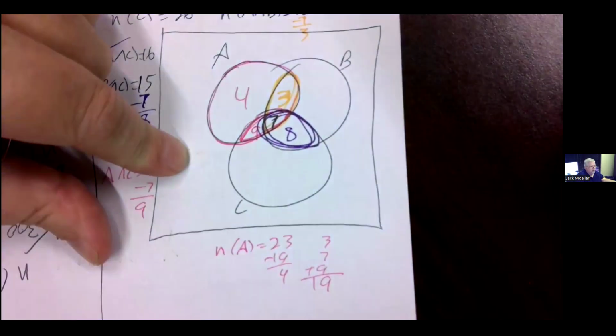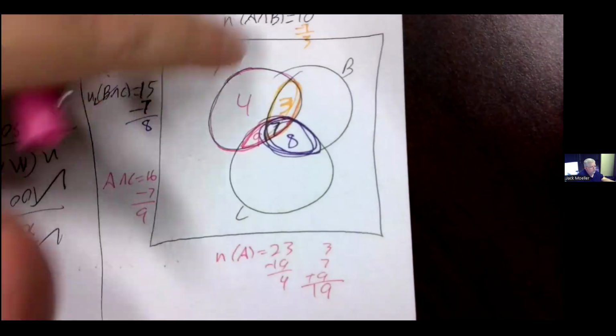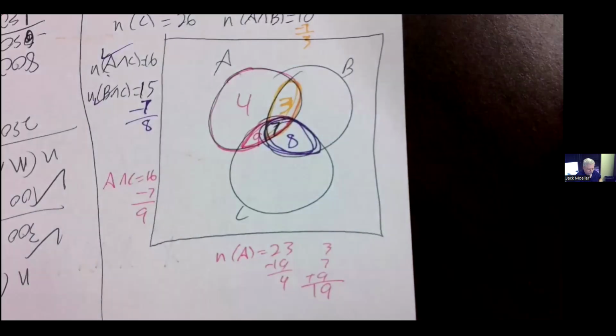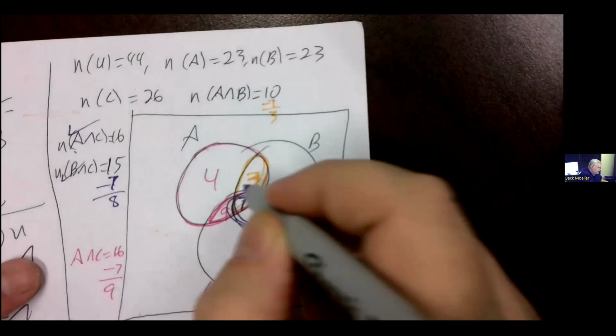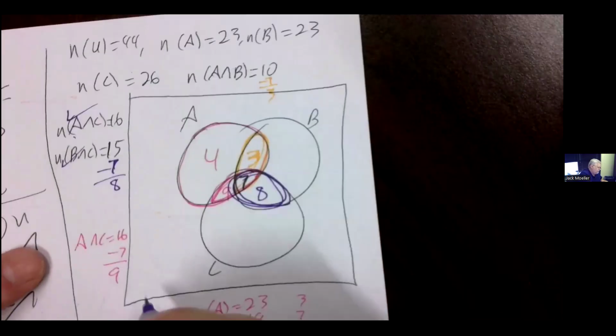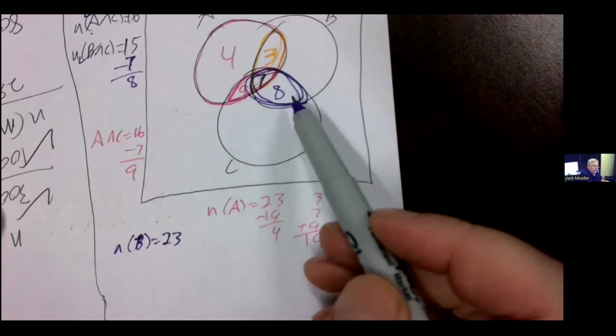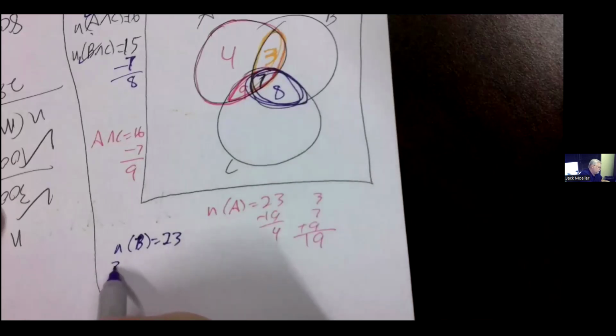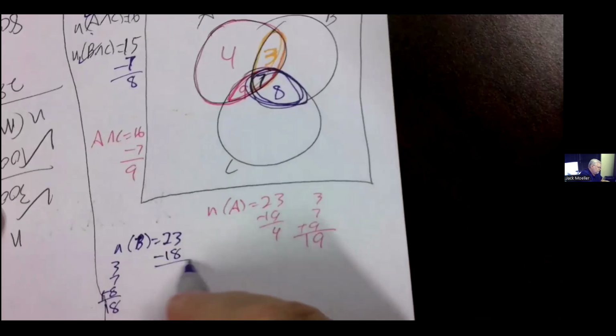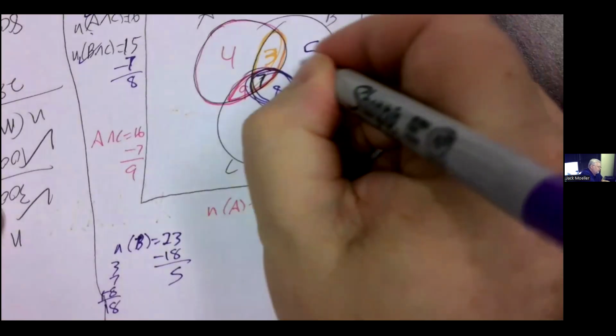So those go only in A. But there's a total of 23. Okay. Same idea with B. B is that whole circle. We know there are 23 total in that circle. We've accounted for 3 and 7 and 8, which is 18. That means 5 are not yet accounted for.